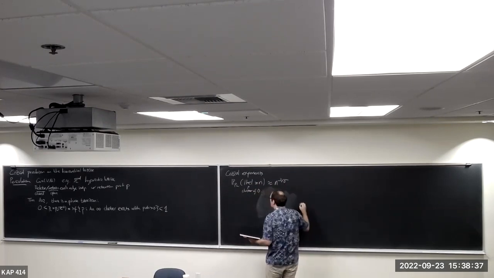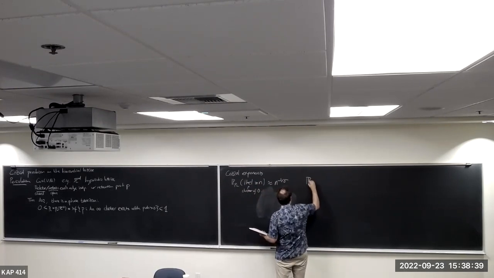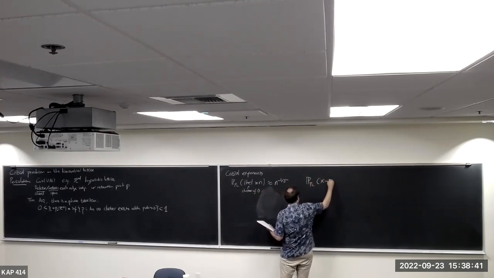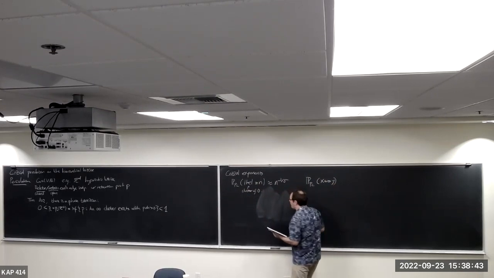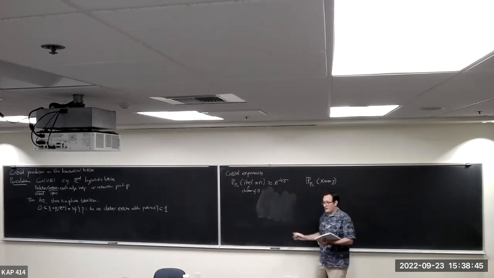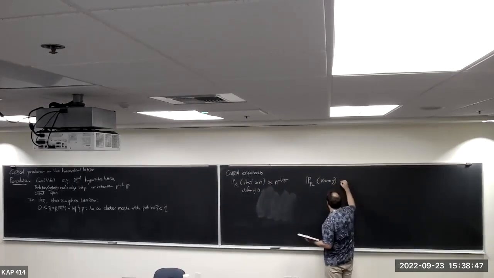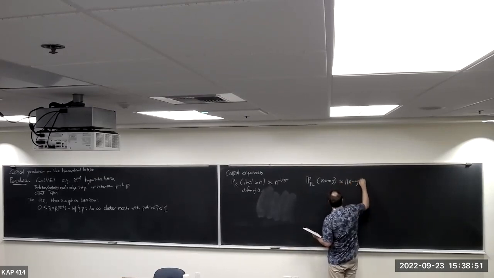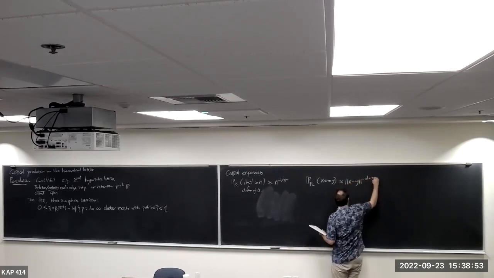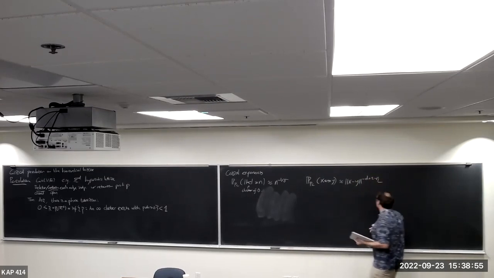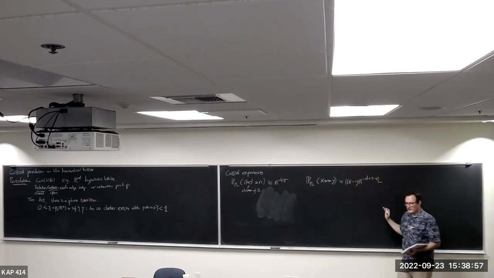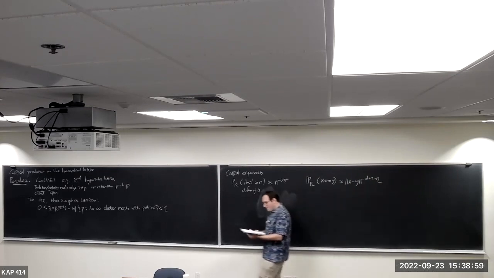Another exponent is that if you look at the probability that 2 points are connected to each other, i.e. there's a path of open edges connecting x to y, this is also supposed to have a power law decay. The traditional way to write this is like this. You'll see why this is a reasonable way to write it in a second.